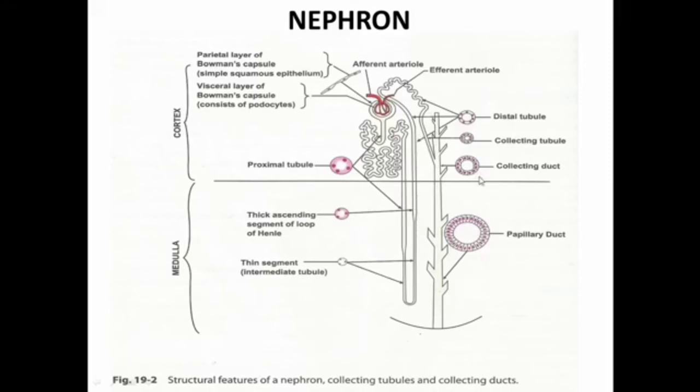And from here, these collecting ducts lead to the medulla, and it ultimately forms the papillary duct. Papillary duct, I have already told you, is at the tip of the pyramid. The medullary or renal pyramid tip is called the papilla, and it is the region in which this papillary duct drains or pours its fluid, that is the urine, into the minor calyces.